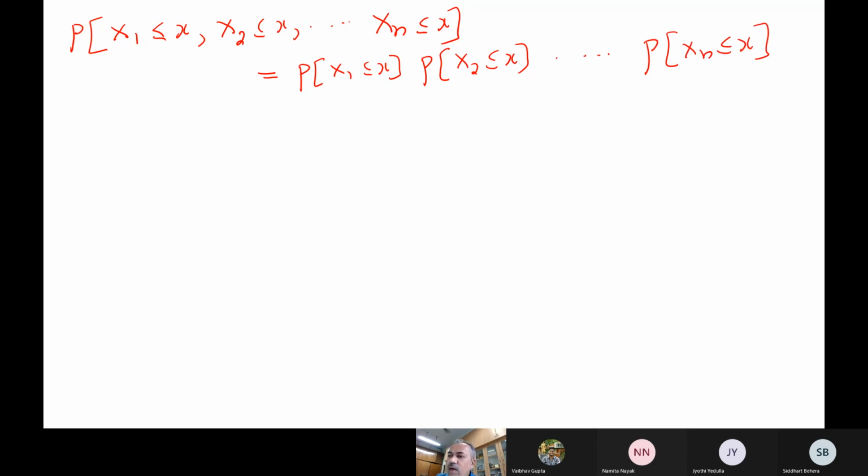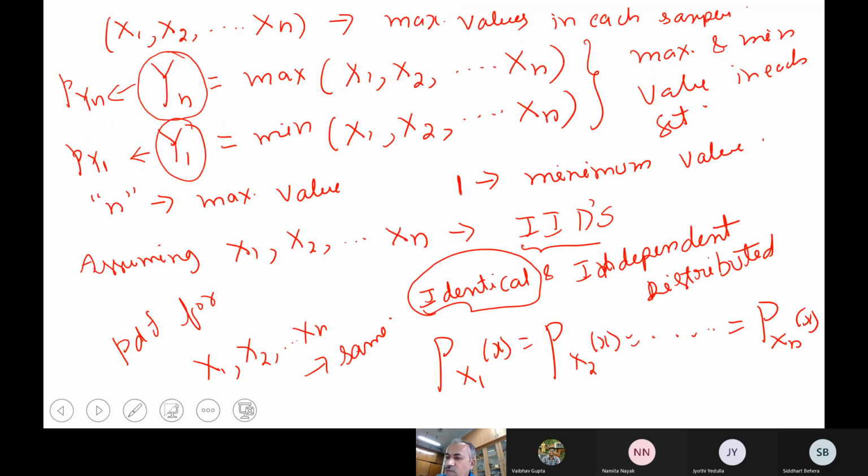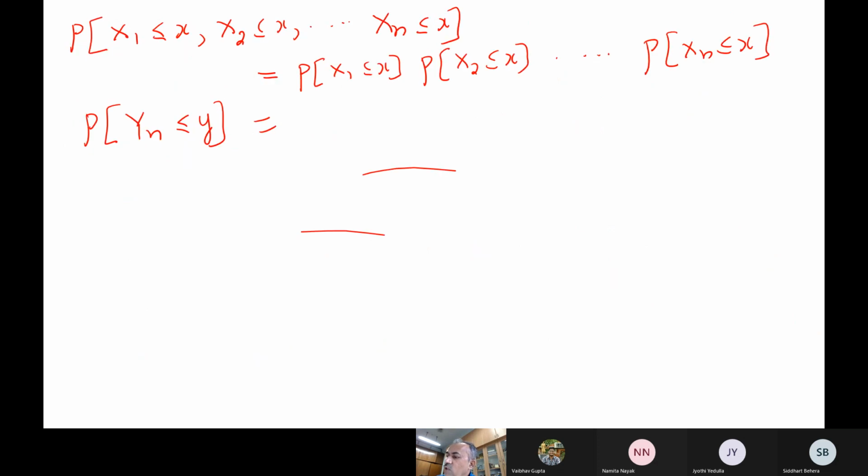Now, what we are trying to find is the probability that yn, which is the maximum of these values, is less than or equal to y. This is what I am interested in: the probability distribution of this quantity. That depends on these numbers.